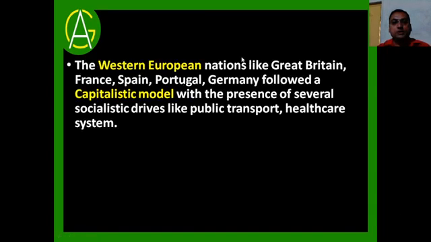Western European countries like Great Britain, France, Spain, Portugal, Germany followed the capitalist model with the presence of several socialistic drives like public transportation, healthcare system, etc. So in capitalist economies also some activities were under government holding. Public transport was under government holding, healthcare was under government holding. So the capitalist model was followed by Western European countries.